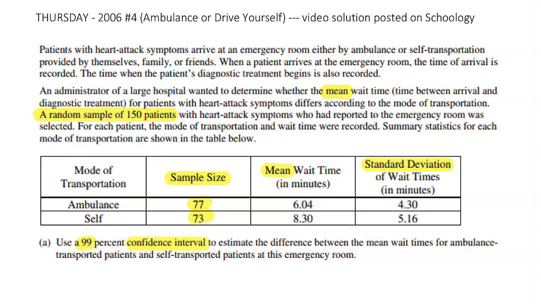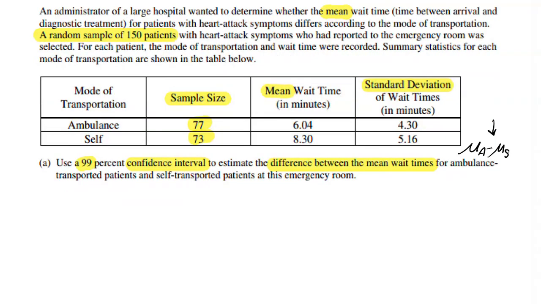That means we don't have to write hypotheses, we don't have to do a significance test, and we're looking for the difference in means. If this were a hypothesis test, we would have, for instance, mean of ambulance minus mean of self-driving, that kind of thing, but we're not going to do a significance test. This is the difference in means that we'd like to estimate. That's the unknown difference in means. So we're doing a confidence interval and we're working with means.